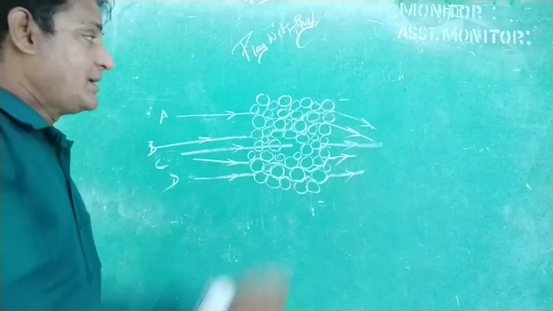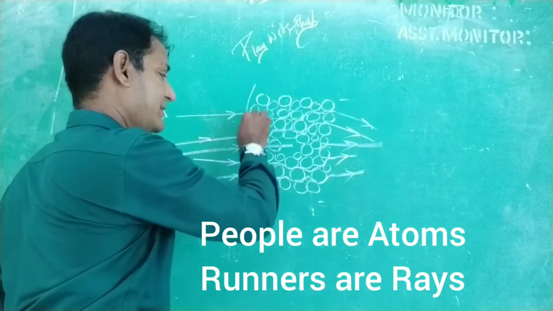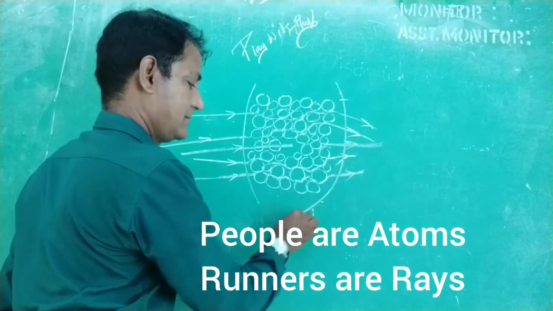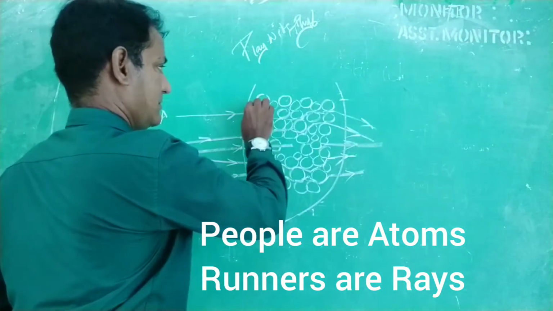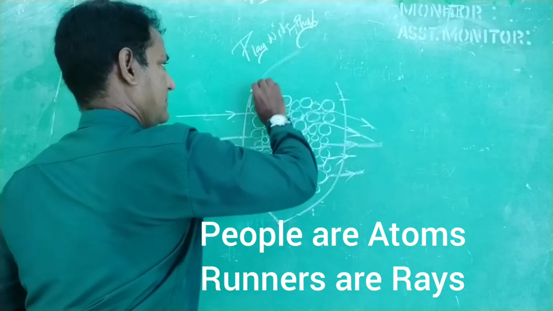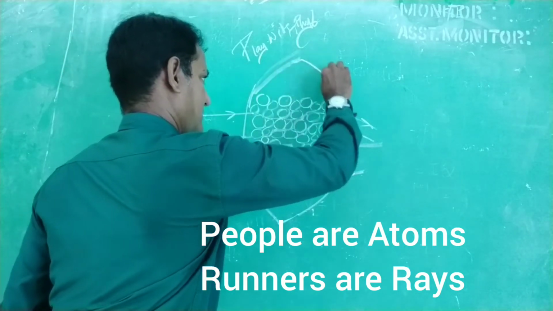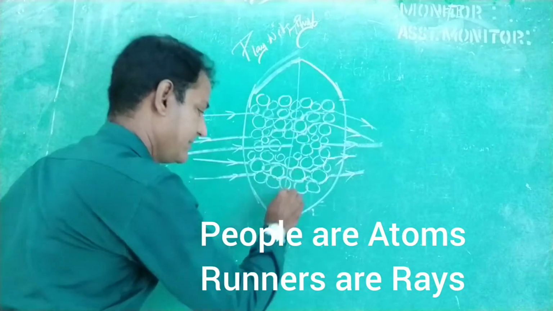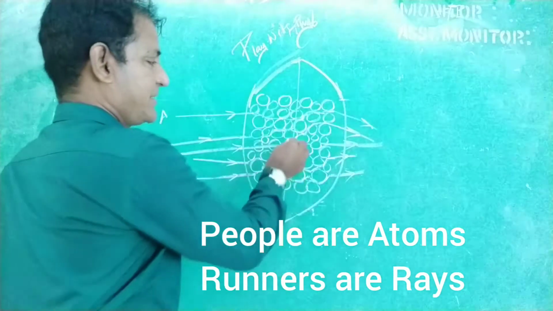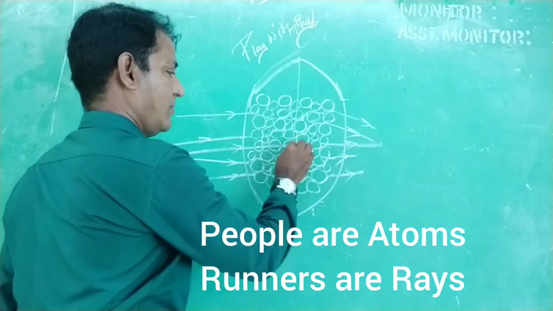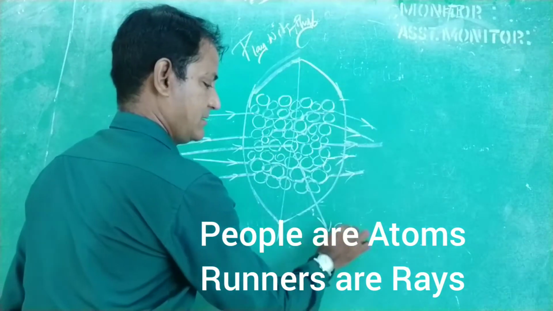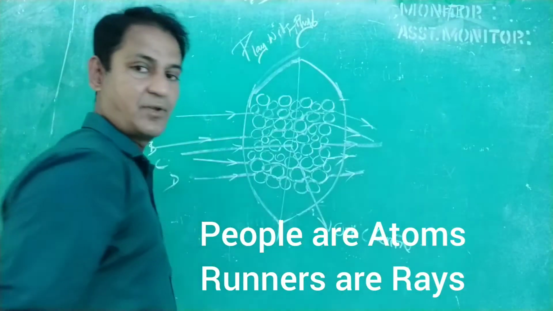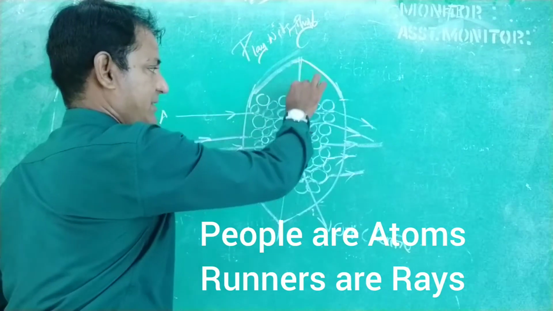So when I draw a curve like this and an axis like this, that is called the optic center of the lens, which is the geometric center.